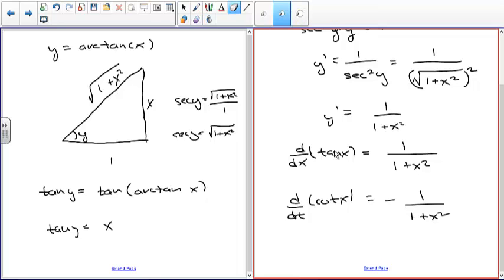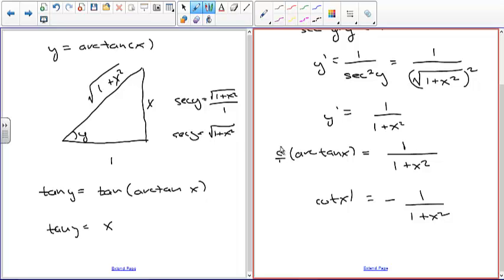I didn't write that right, so let's fix that. Forgot the arc part here. Same right here, arccotangent. Okay. So the derivative of the arctangent and the arccotangent are the same, except you've got a difference in sign.